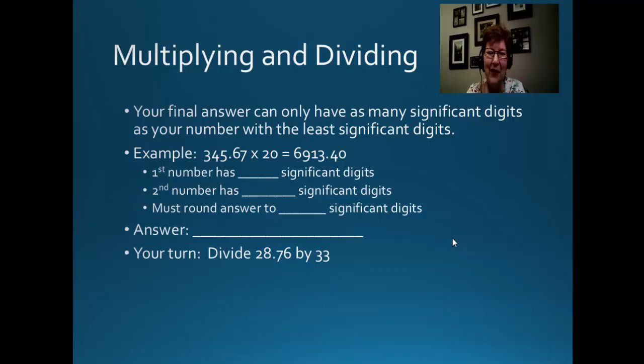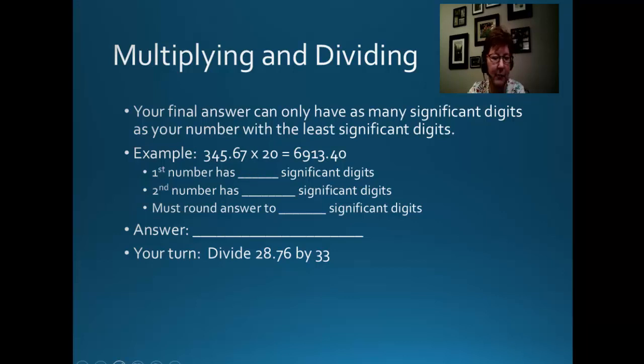Multiplying and dividing. Your final answer can only have as many significant digits as the number in your data with the least significant digits. So here I'm multiplying 2 numbers together, 345.67 and 20. 20, of course, has only 1 significant digit. So if I look at my first number, actually that would be this one, that has 5 significant digits.